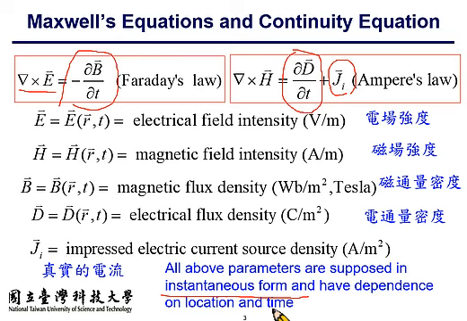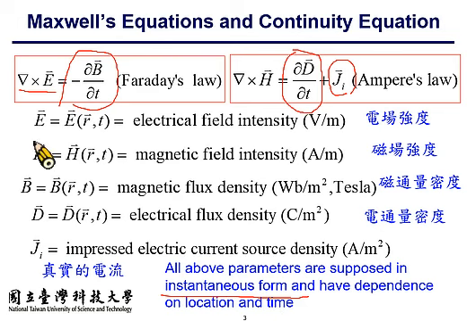So, in the following slides, you may see some derivation of the Maxwell equations, and you can see that for the derivative in time and differentiation in space, the order of differentiation can be changed because time and space dependence are decoupled, they are independent.